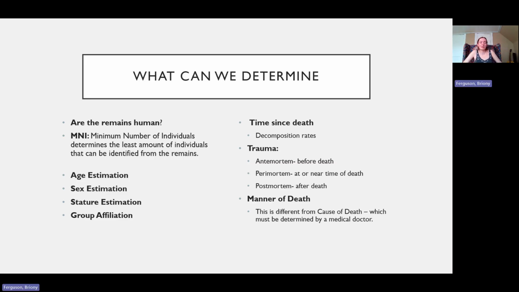Now, group affiliation is also sometimes called ancestry. It's also sometimes called race. It's got a lot of different monikers in an effort to make it seem better, more inclusive. At the end of the day, it just means race. Because every methodology that we have for group affiliation is based on outward characteristics that we kind of assign to certain racial groups.